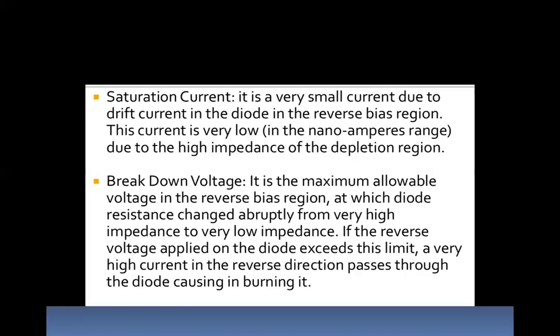Breakdown voltage. It is the maximum allowable voltage in the reverse bias region at which the diode resistance changes abruptly from very high impedance to a very low impedance. If the reverse voltage applied on the diode exceeds this limit, a very high current in the reverse direction passes through the diode, causing it to burn.